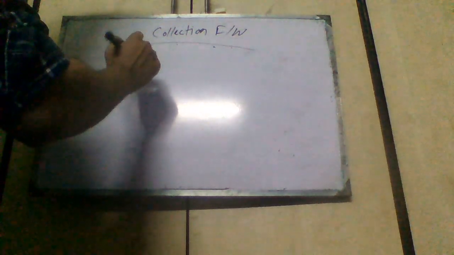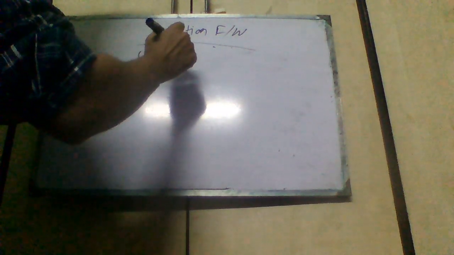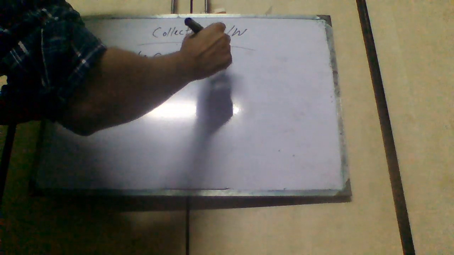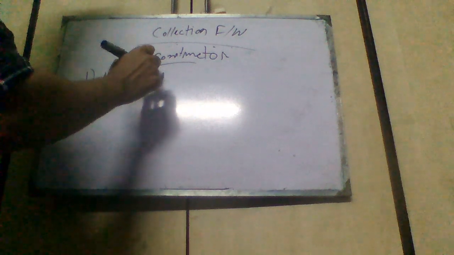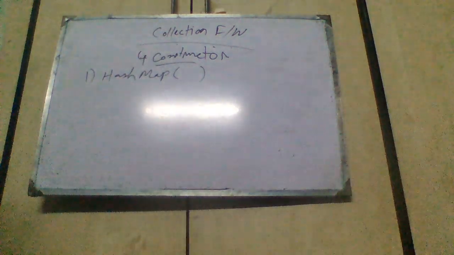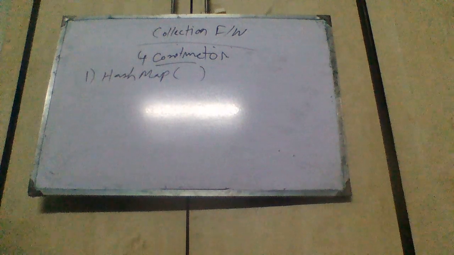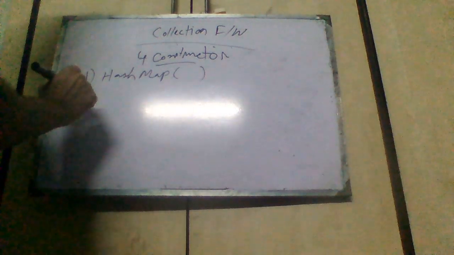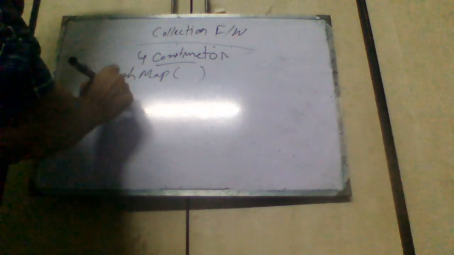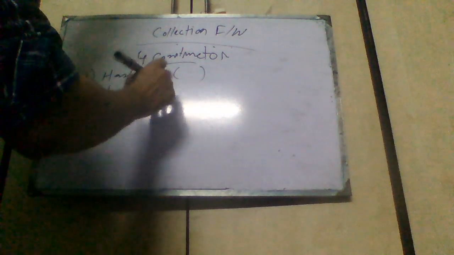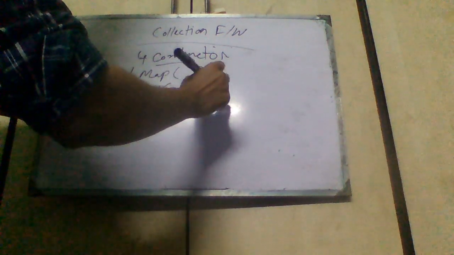Now we will see four constructors of HashMap. Number one constructor is HashMap(). Number two constructor is HashMap with an int capacity.